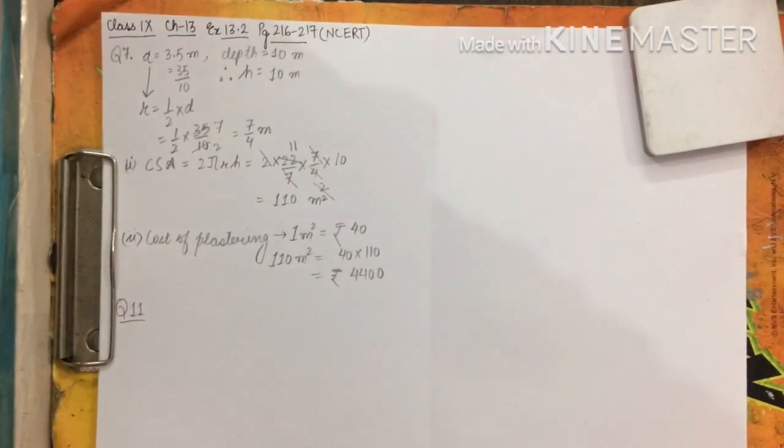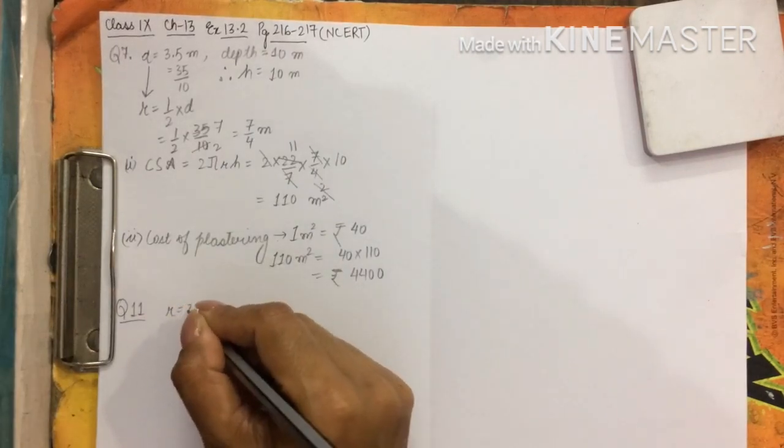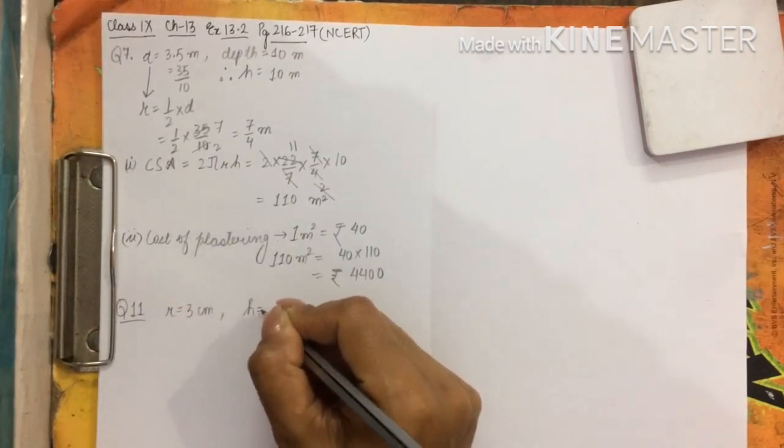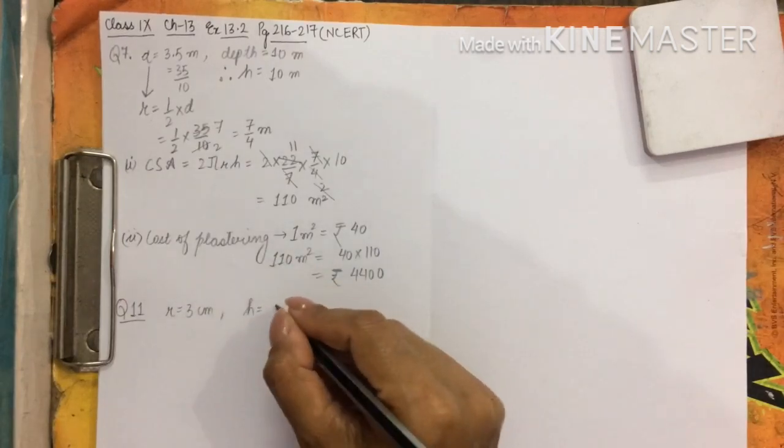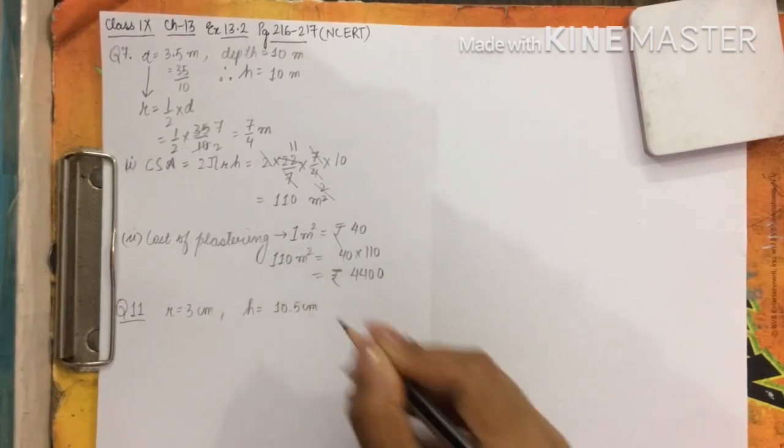Let us first write down the measurements for the pen holder. We've been given radius as 3 centimeters and the height of the pen holder as 10.5 centimeters.